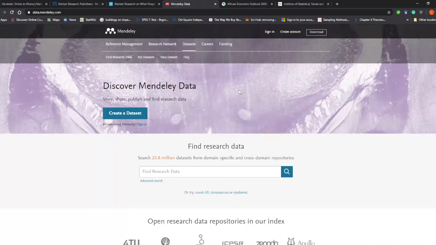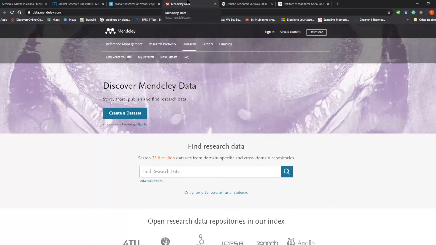So they encourage us to put the data out there so that other people can also access it, but then turn it around and glean all manner of insights to be able to inform their decision making. And Mendeley data is one of the databases that is trusted, that we academics submit all our data to. So it's another good source of information.